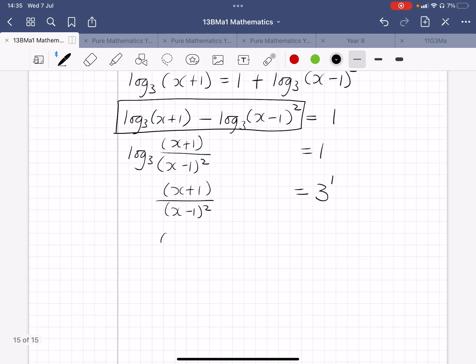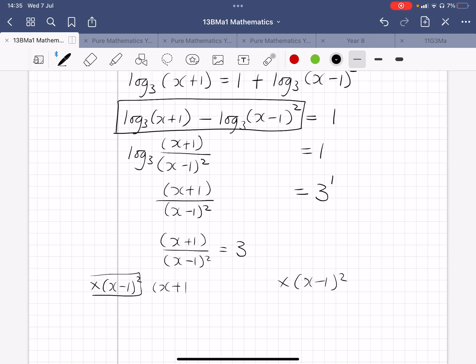We now have essentially this left. I multiply both sides by (x minus 1) all squared. I have x plus 1 equal to 3 (x minus 1) all squared.